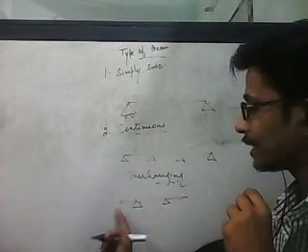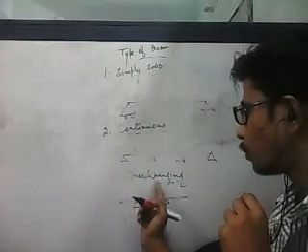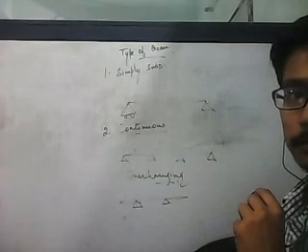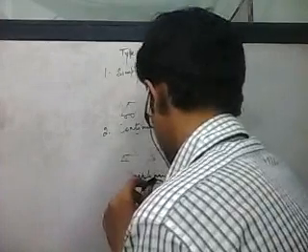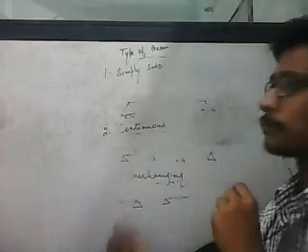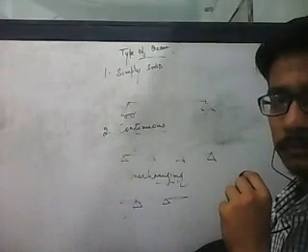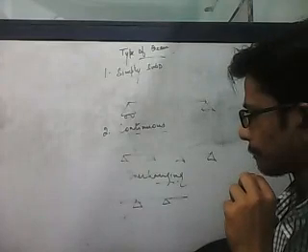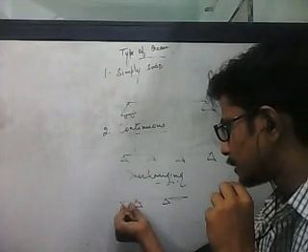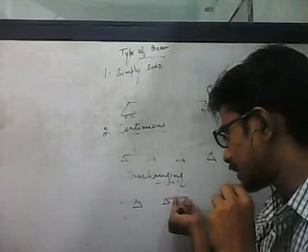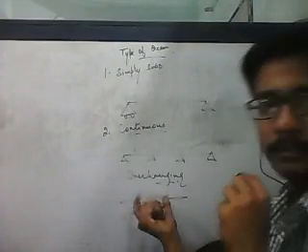These are known as overhanging beams. It may be from this side or from this side. There is some length here, and some length here.